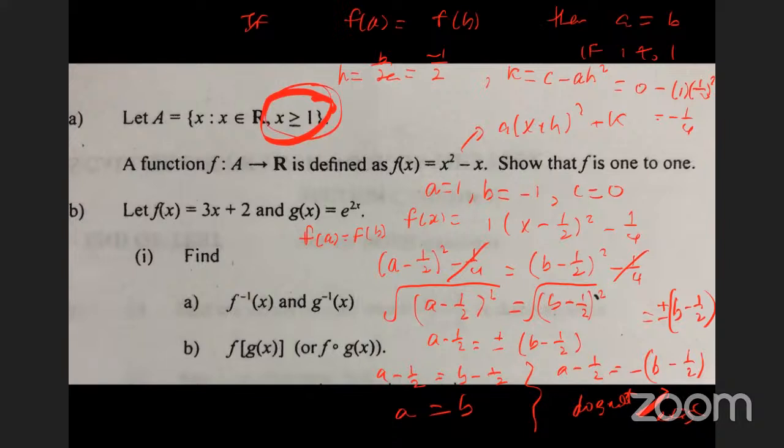So therefore, it implies that that right-hand side does not exist. Remember, when you find a square, it's plus and minus. All right?